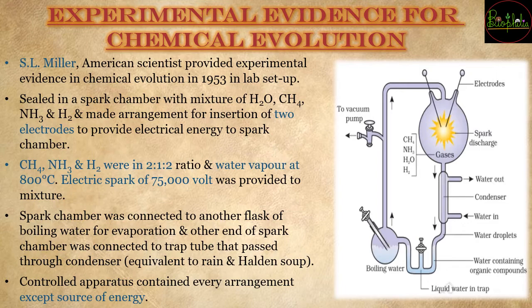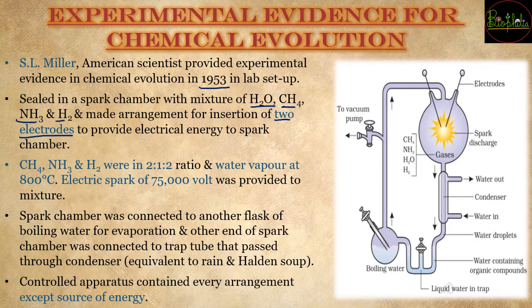This American scientist, based on the Oparin and Haldane hypothesis, created such a condition in his laboratory, along with the 5 points we understood were present on the earth. In 1953 he created a spark chamber. In the spark chamber he kept water vapors. He created methane, ammonia and hydrogen together in one chamber, like the gases on the previous earth, he arranged those gases there. For the purpose of lightning, he added 2 electrodes, so that the lightning could be generated by an electric spark.